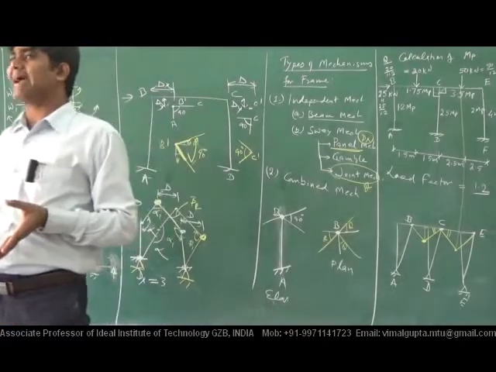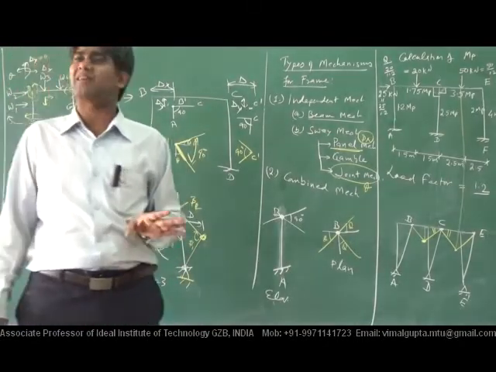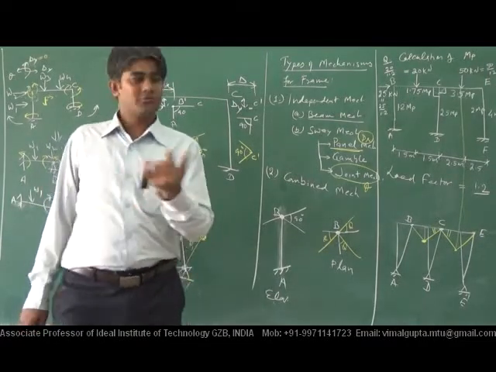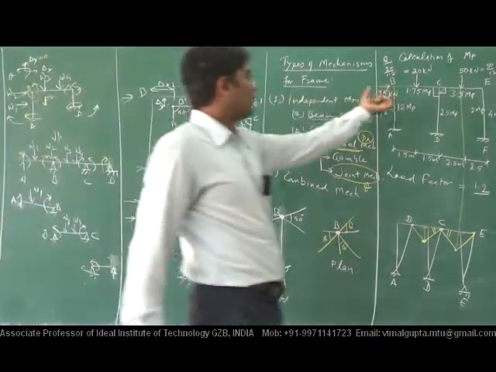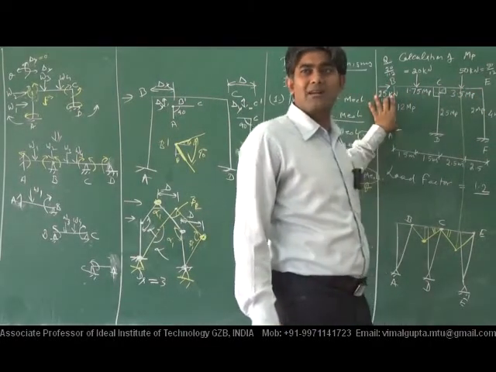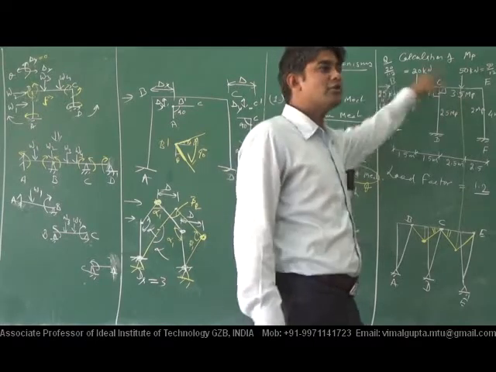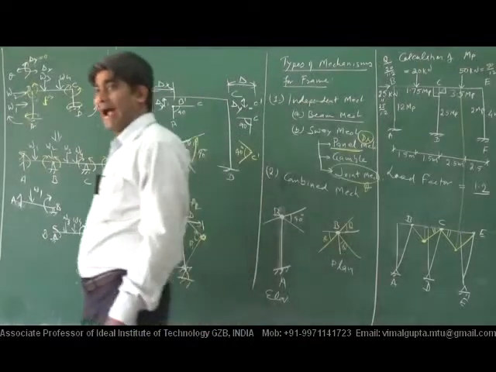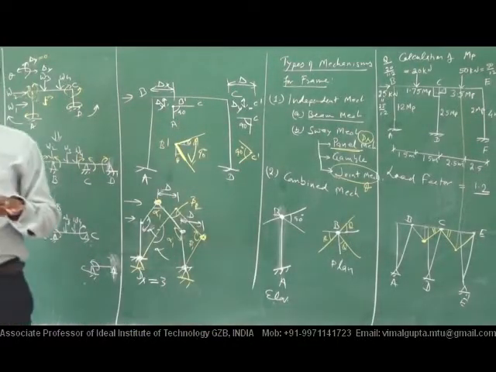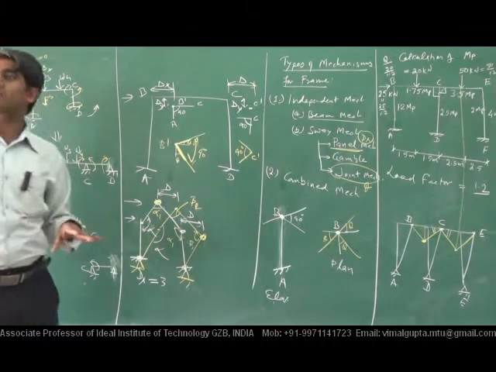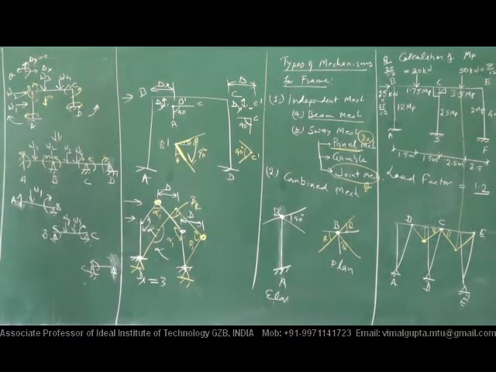Any two structural members can be there, beam or column. It may be possible that only two beams are combined, and one part may not be considered. Any two or more than two will be combined, keeping in mind that the number of plastic hinges is not going to exceed ds plus 1.